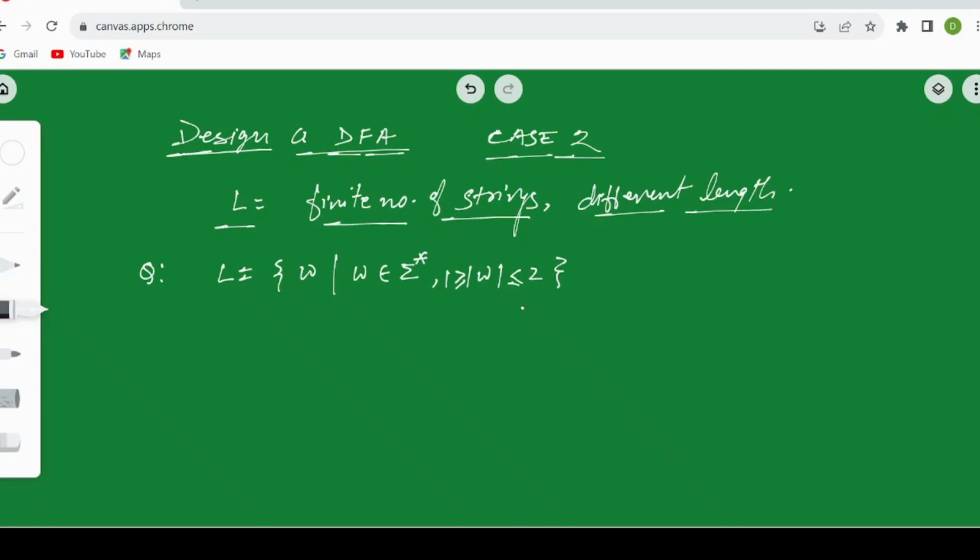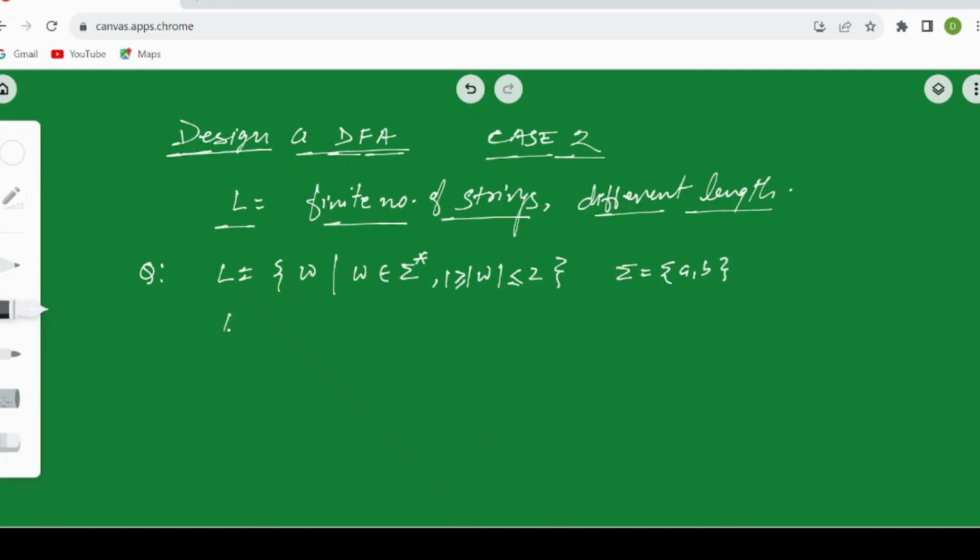It implies that the language contains the strings whose length is 1 and the strings whose length is 2. The strings are made up of the input alphabet A, B.